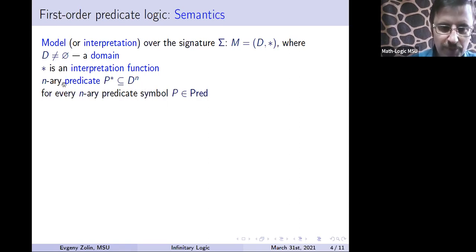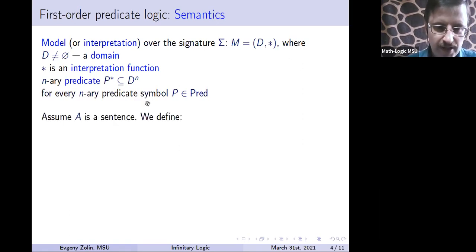So we usually have unary predicates, binary relations, and so on. And so in general, they are n-ary relations. Now, so this is a model, a set, and predicates for each symbol from our vocabulary or signature.